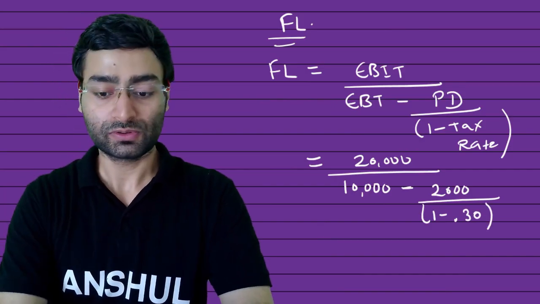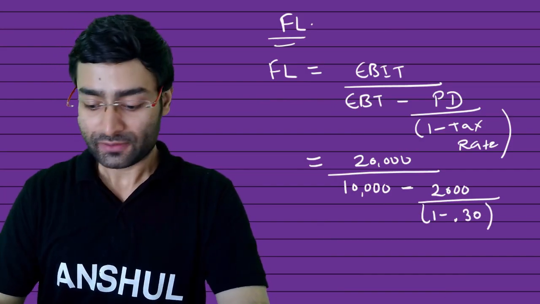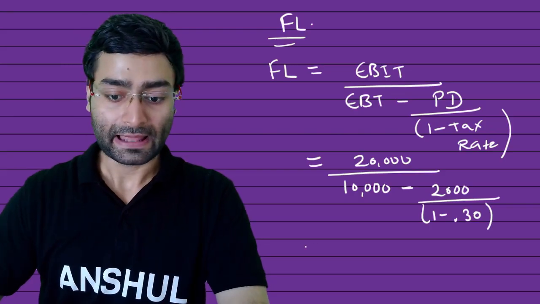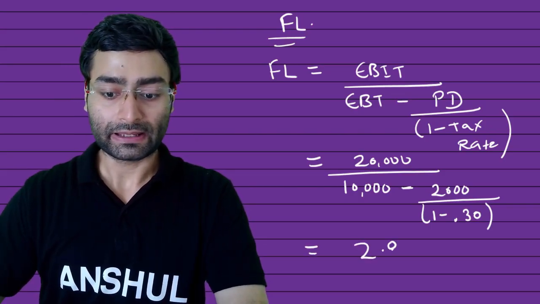I can write 30% as 0.30. And if you solve it on a calculator, you will get 2.8.